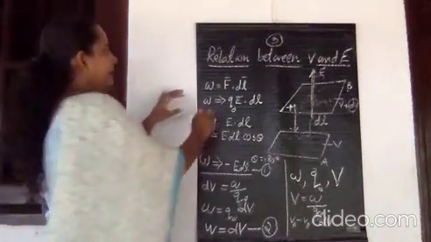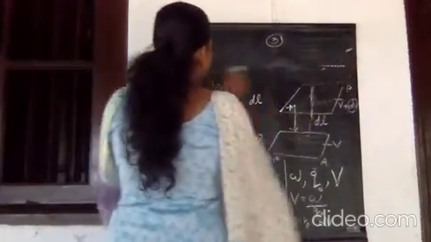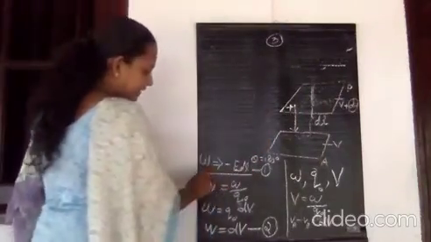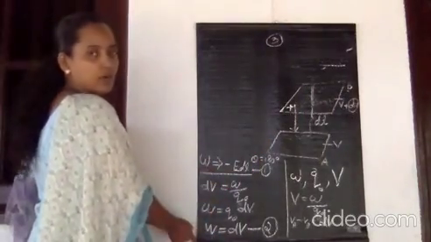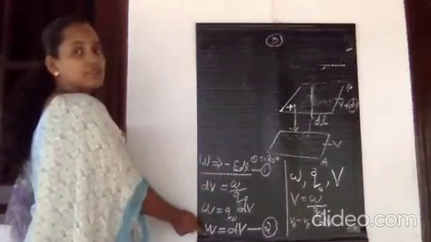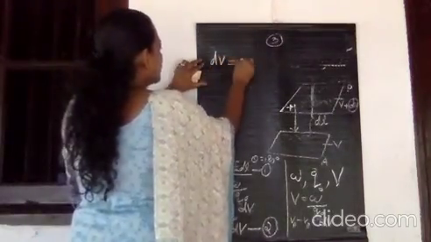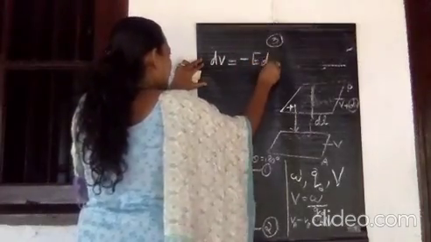So while comparing these 1 and 2, both are expressions for work done. So you can equate these 2 formulas. While equating, you are getting dV is equal to minus E dl.